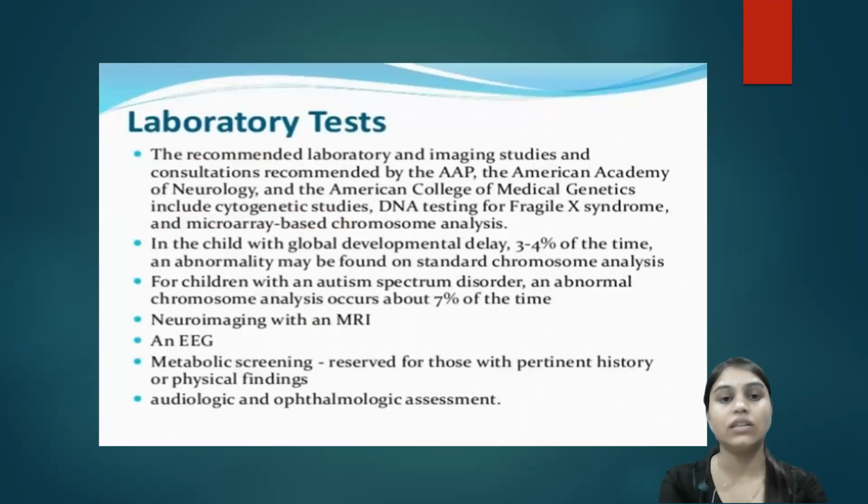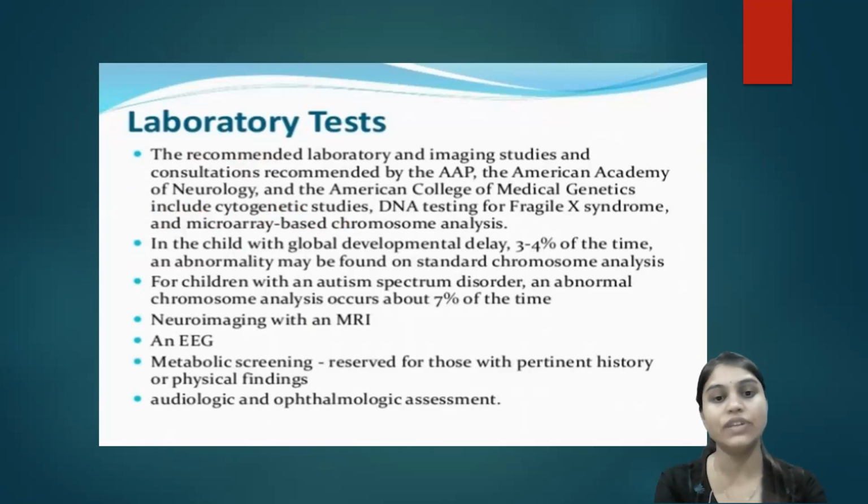Laboratory tests. The recommended laboratory and imaging studies and consultations recommended by the American Academy of Neurology and the American College of Medical Genetics include cytogenetic study, DNA testing for Fragile X syndrome, and microarray based chromosomal analysis.